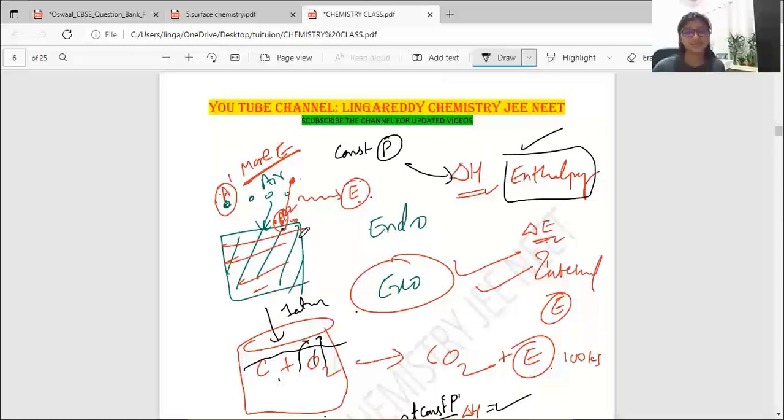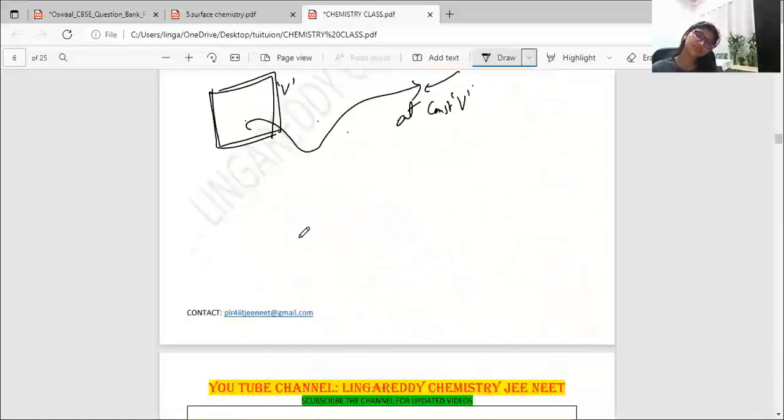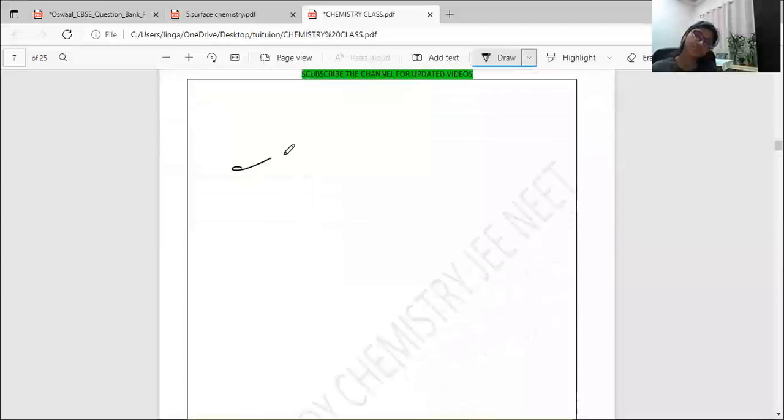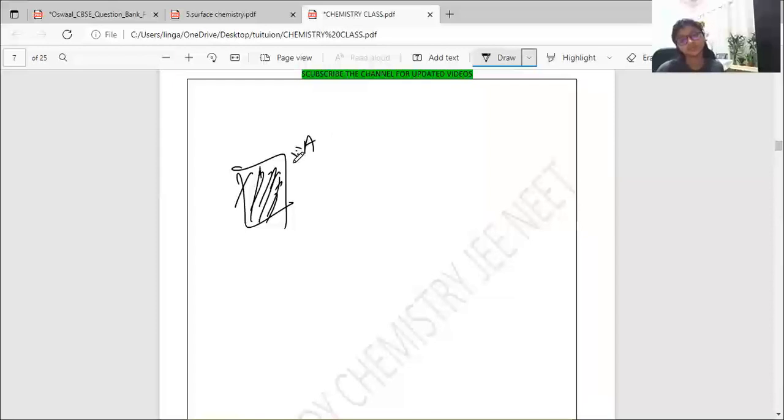But the thing is, adsorption is of two types. Here the adsorbent is there, and A is adsorbing with some bond. First, physical bond, which is van der Waals forces. Then again we have a substance B, with some bonds between the adsorbent and the adsorbate.